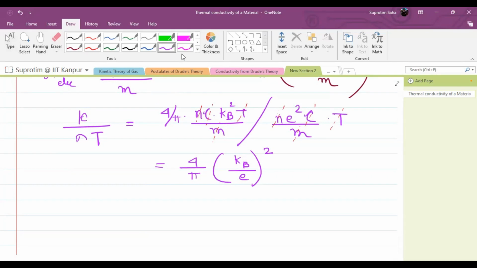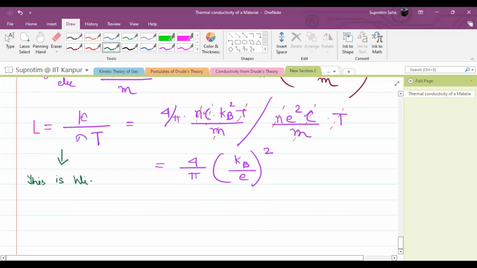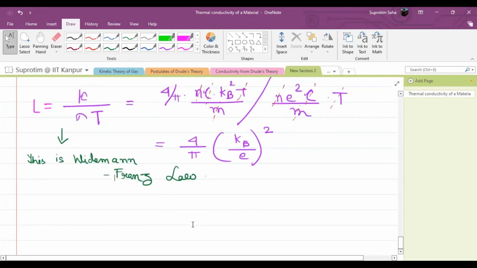This falls in a very important law, where the ratio is given by L, and this is the prediction of the Wiedemann-Franz law, which says that the thermal conductivity is proportional to the electrical conductivity.